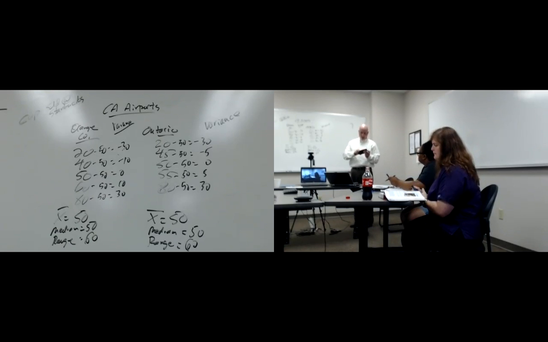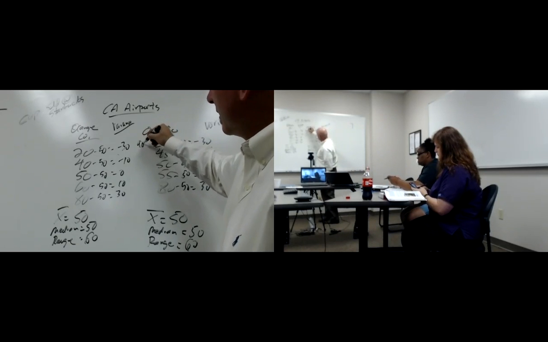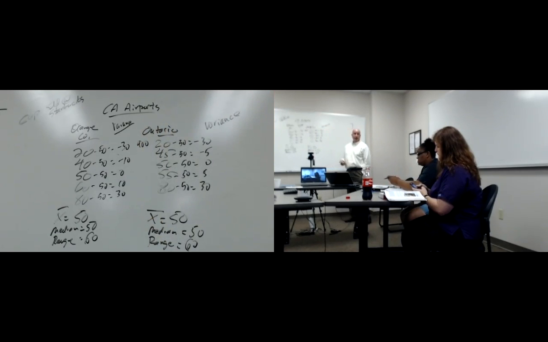And let's take 30. If I take the square root of 30, what do I get? 900.